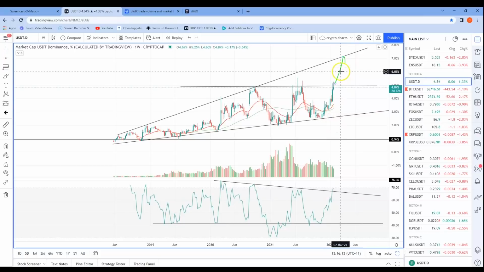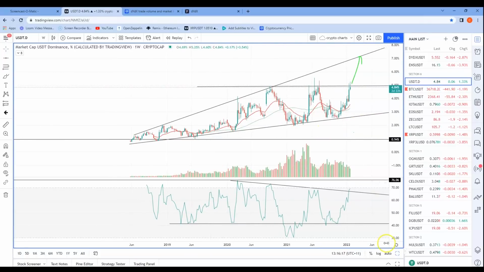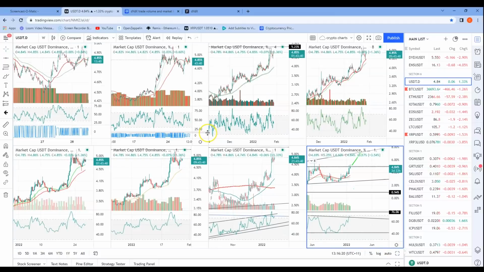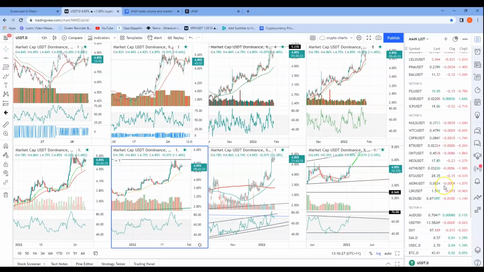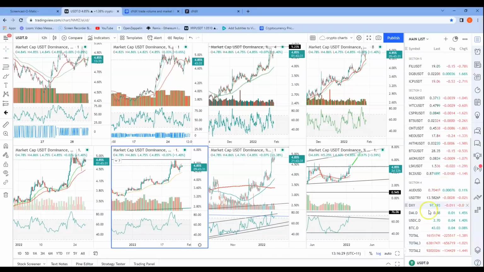So going forward, this is what I'll be looking at. I'll be keeping an eye on USD Tether dominance, because Tether is the top stable coin for now in the cryptocurrency market. The other one I keep an eye on is the USDC market cap.